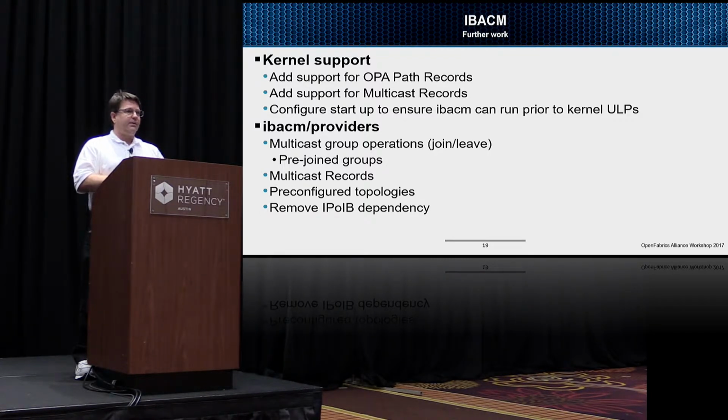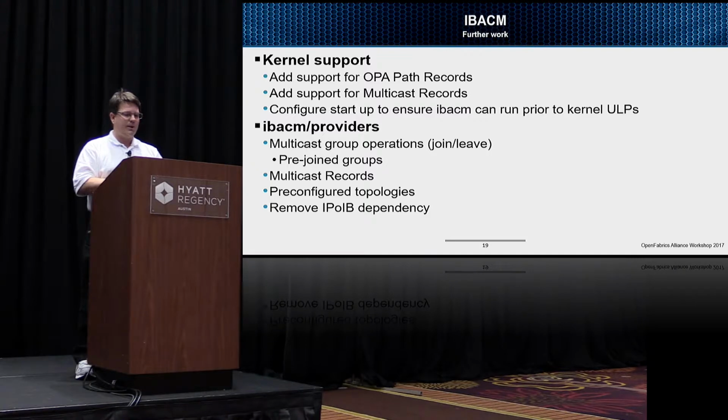And so Jason came up with an interesting point of view. I guess the Ethernet network basically disables a port until user space has configured what it needs to do and then enables the port. So we're going to investigate that. We've also investigated changing systemd startup scripts to ensure Ibacm runs before the kernel ULPs.